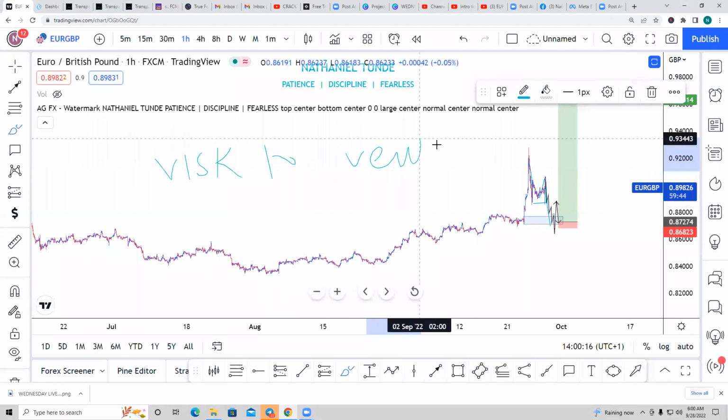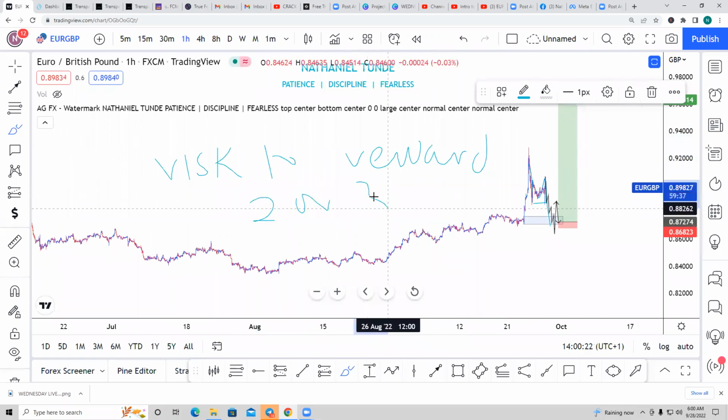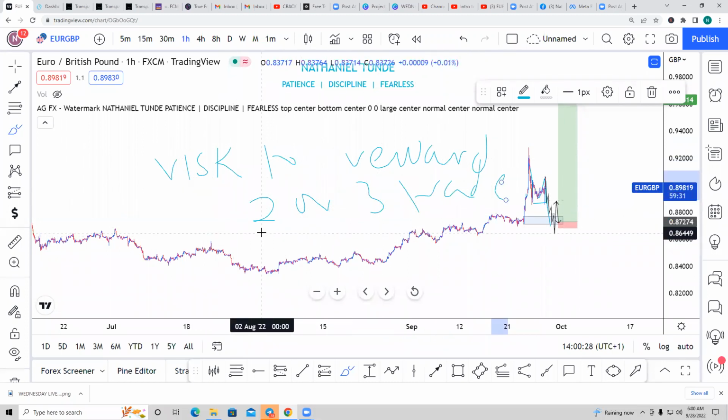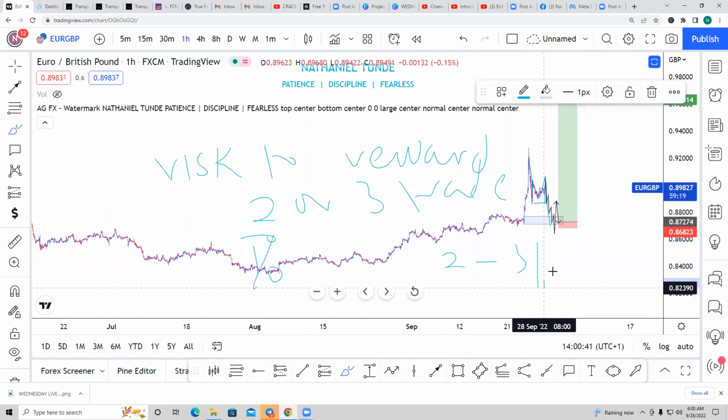There are many people that in a whole week don't take more than 2 or 3 trades, but they make sure that whenever they are losing on these trades, they are not losing more than 1% of their account. And anytime they are gaining, they gain like 2 to 3% of their account.